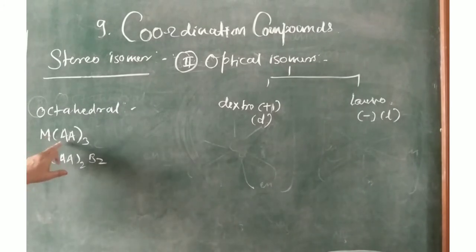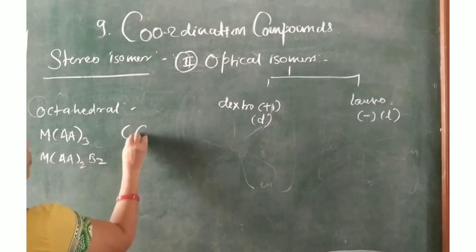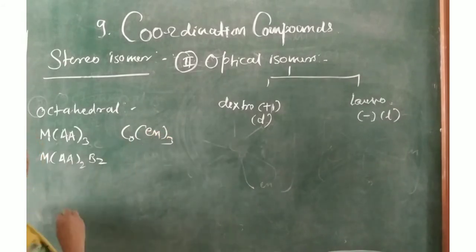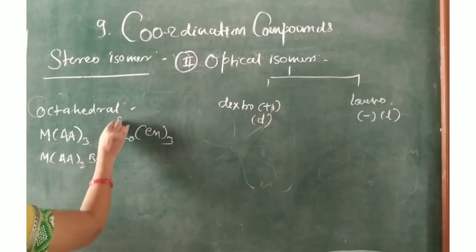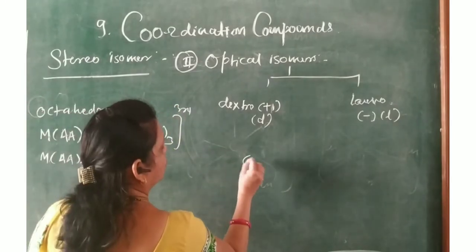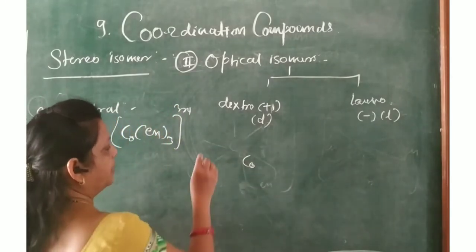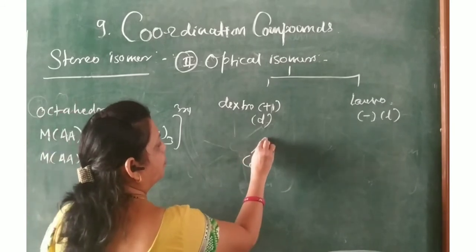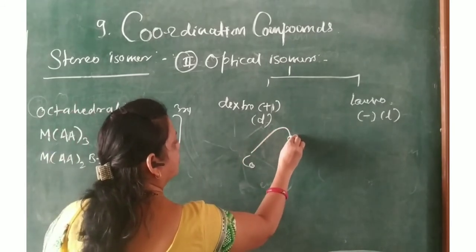First one, that is MAA3, that is Co(en)3. Now, Co(en)3, here dextrorotatory means it rotates plane of plane polarized light towards right.